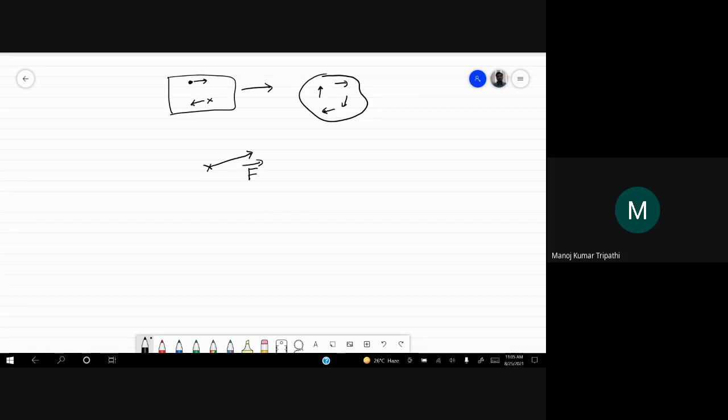So what we needed was another descriptor for the surface on which this force is acting. So if this is a fluid body, and this is the surface on which the force is acting.